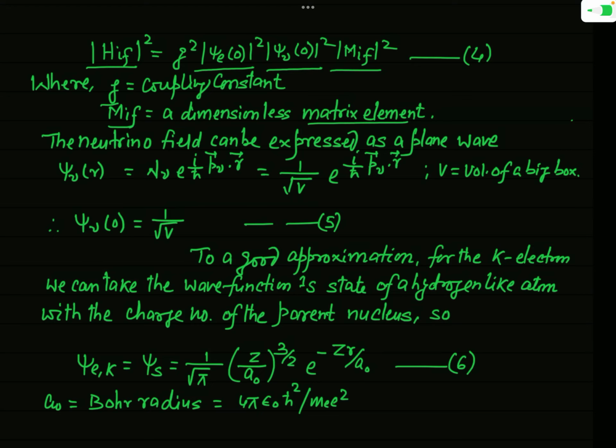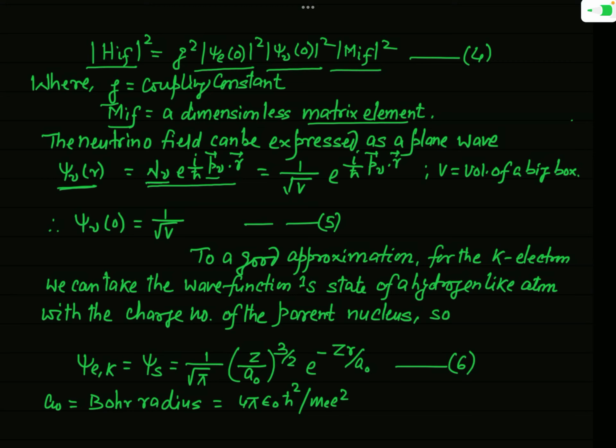Now, in this case too, just like in beta decay, the neutrino wave function is just a plane wave, so I have written here that ψ_ν(r) is N_ν e^(i p_ν·r/ħ). Here N_ν is the normalization factor, p_ν is the momentum of the neutrino, and r is the space coordinate.